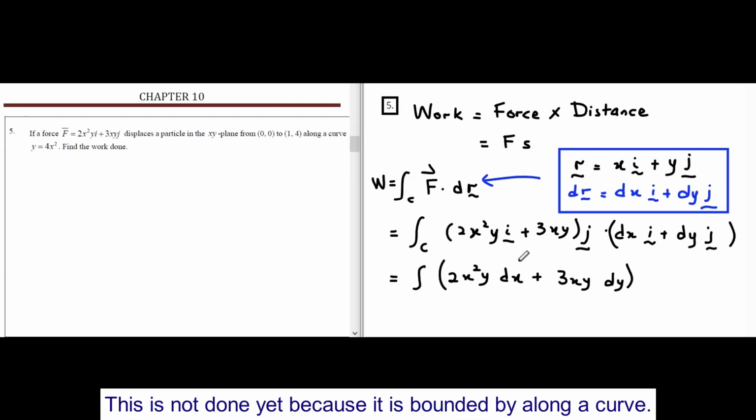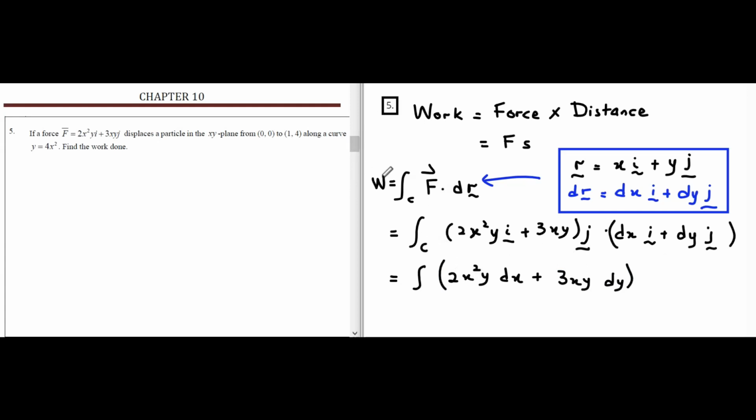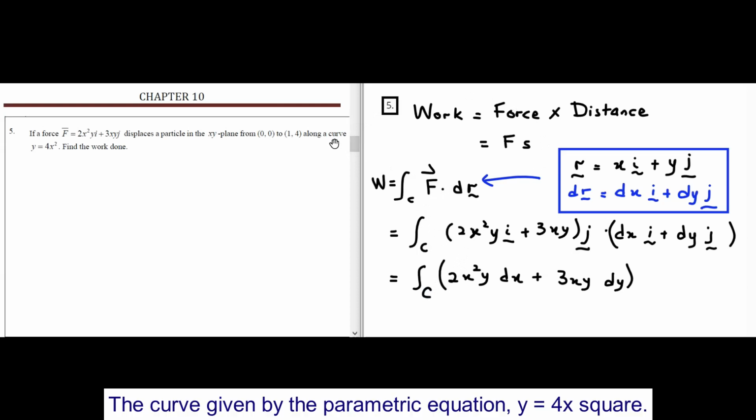This is not done yet because it is bounded along a curve. The curve is given by the equation y equals 4x squared.